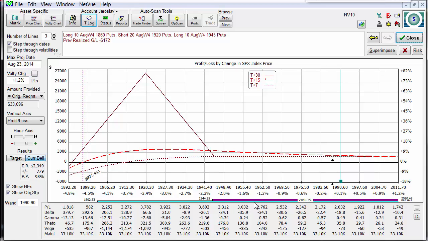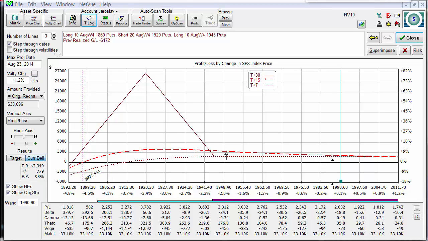Here are our standard deviations at 10.7%, and you can see that right here. Let me toggle that off. I get to play with my new drawing tool. Here we are at 2 standard deviations, and that is well underneath our tent. So that's even above our downside break even of 1897.